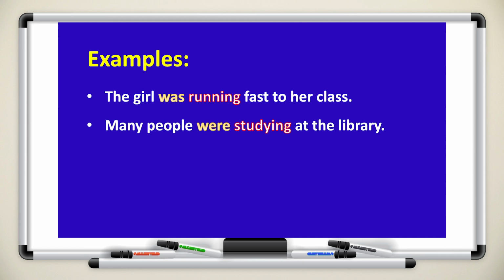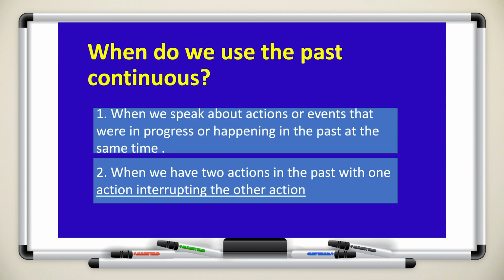So pay attention to this. Verb to be, was or were, and the verb with ing. Okay? The question is, when do we use the past continuous? We usually use the past continuous when we have two events, both of them in the past, but one event interrupted the other.